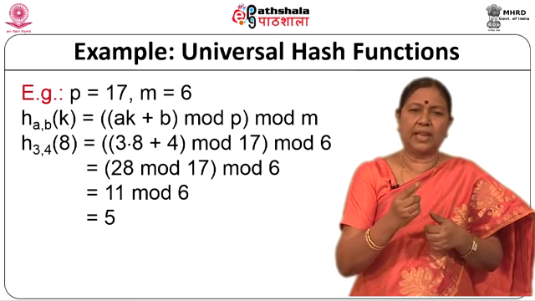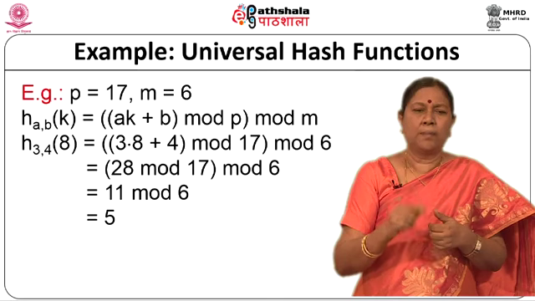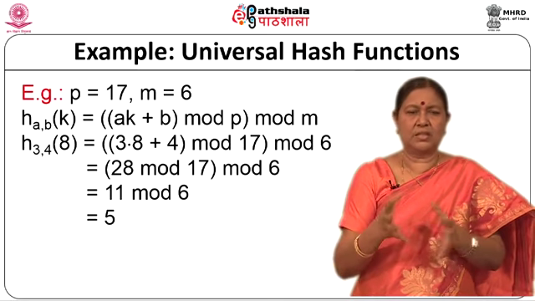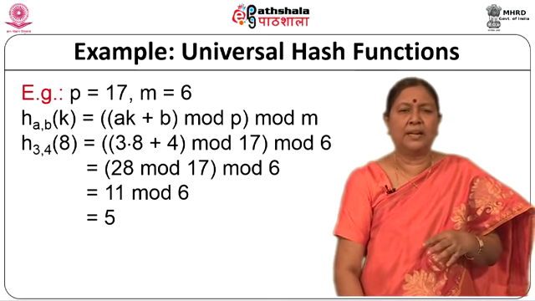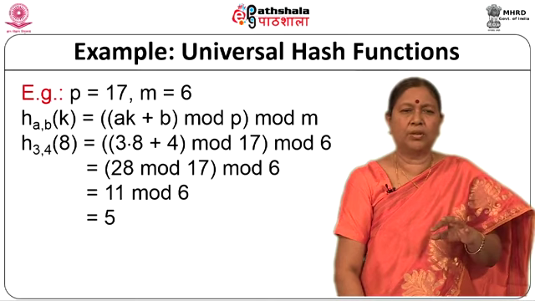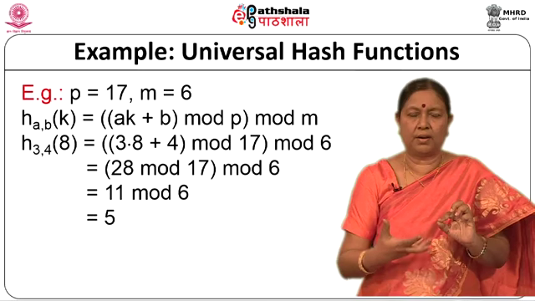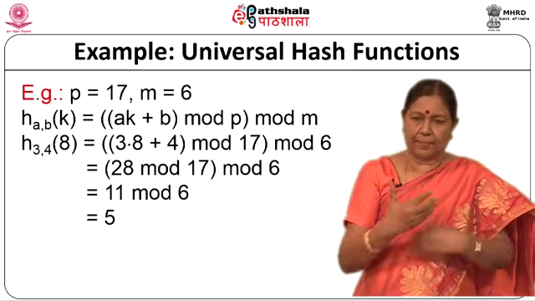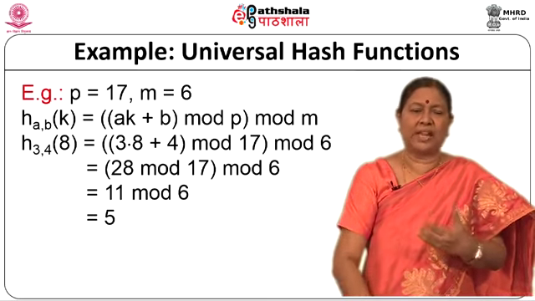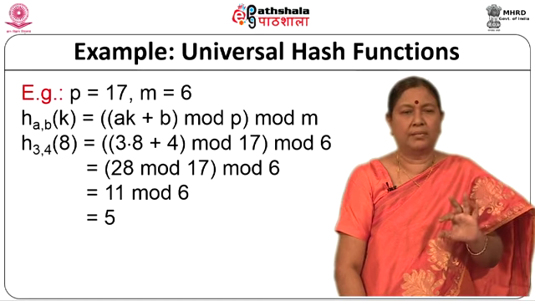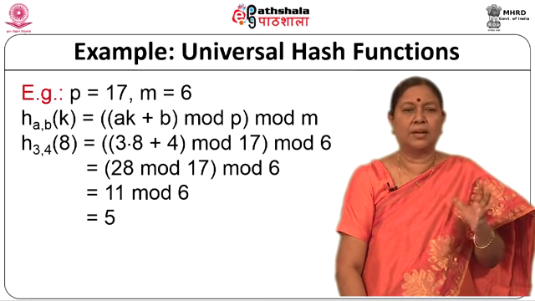So, 3 into k, 8, plus b, 4, mod 17 mod 6. So, this is mod m. This is how you will get it, and it will map onto the value 5. So, you have that k 8 mapping to 5. The idea is that mappings of any values of k will give you a value that is randomly distributed.